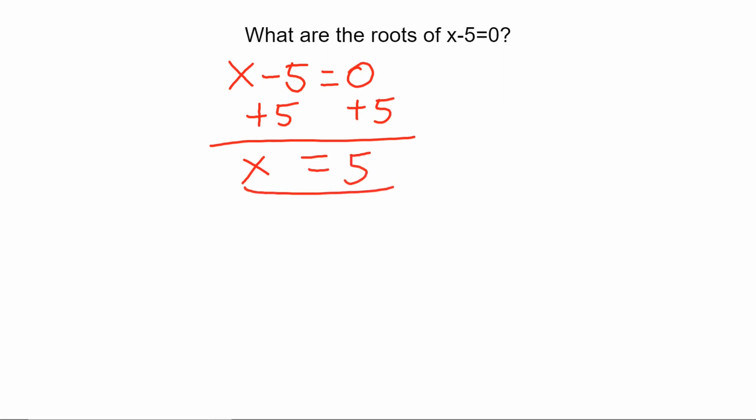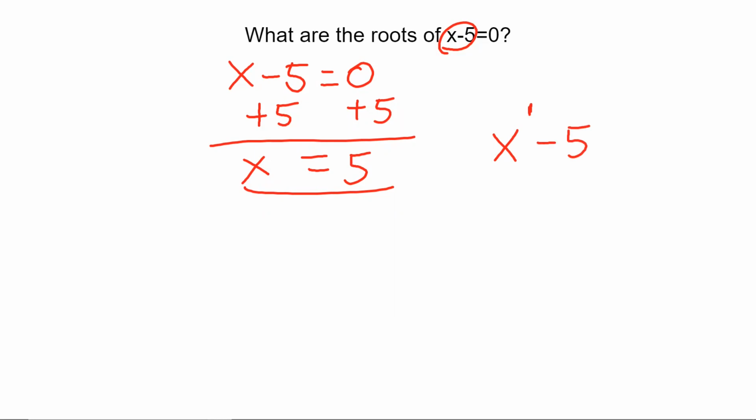Okay, so you'll notice that x minus 5 is also a polynomial. It's a polynomial of degree 1, which means that the highest power of x is 1. X to the 1 minus 5.